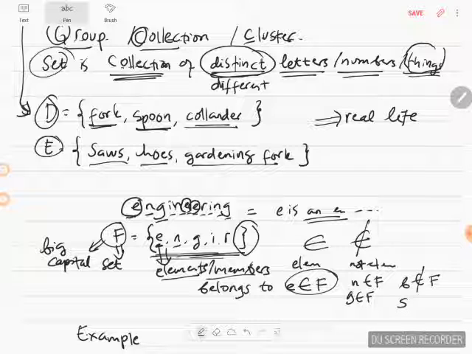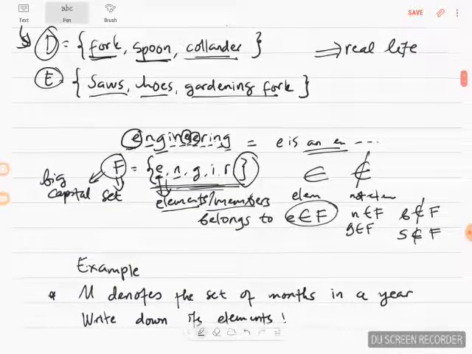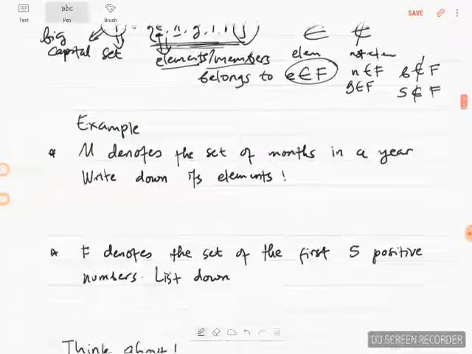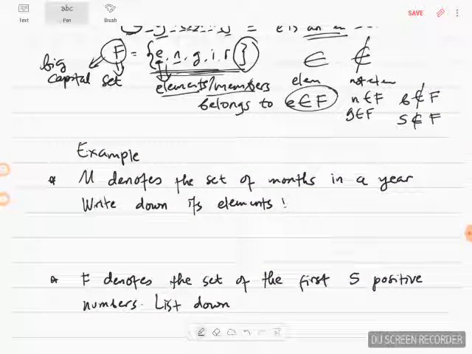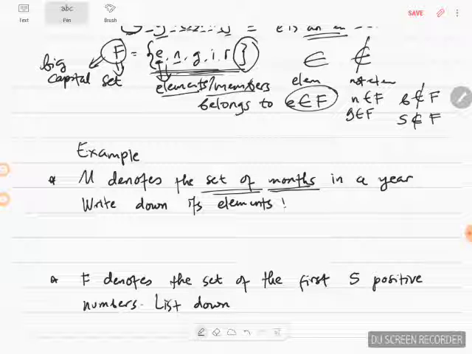How do you write down a set? Now, I'll go back to our example a while ago. This is how you write a set, okay? First, a capital letter, followed by an equal sign, and then an open bracket, and inside that open bracket are elements which are written in small letters.